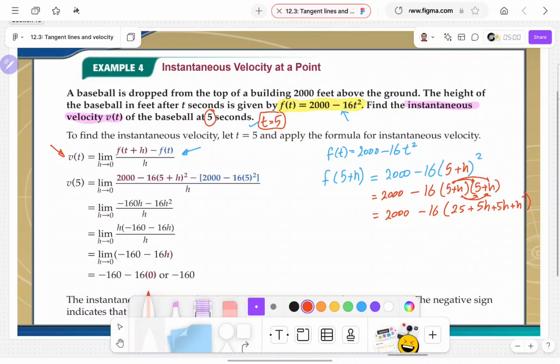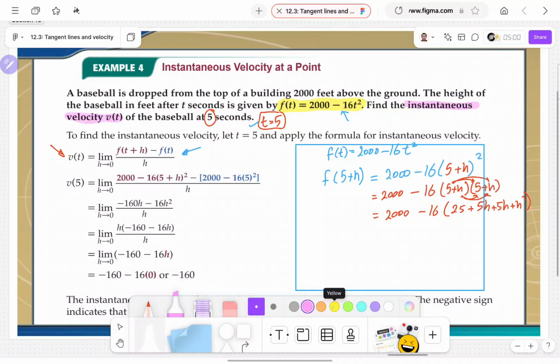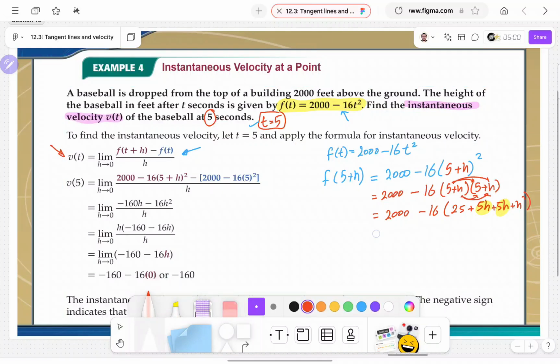Now let's add the like terms. I have 5h and 5h, so I can add them together: 2000 minus 16 times (25 plus 10h plus h squared).